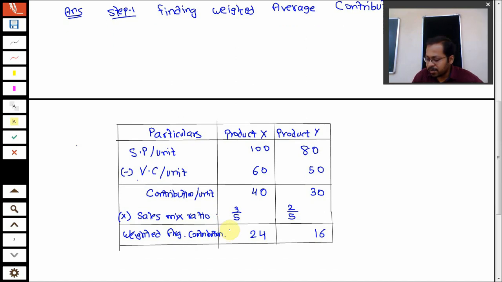Okay, there is one mistake I have done. Okay, 5 6 are 30 and 6 2s are 12. So this one is 12.